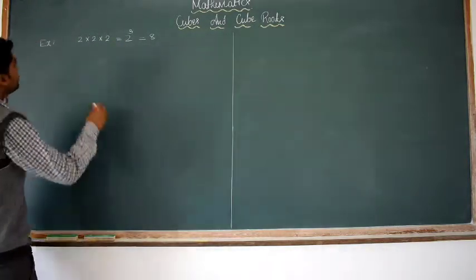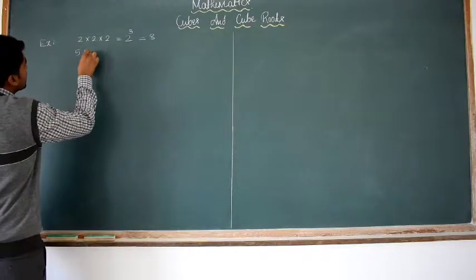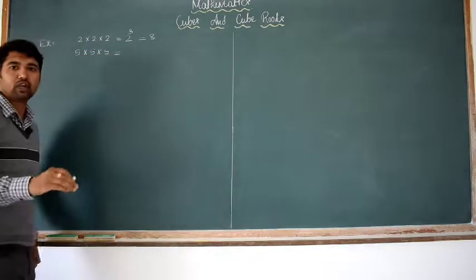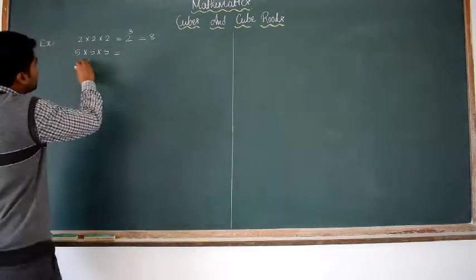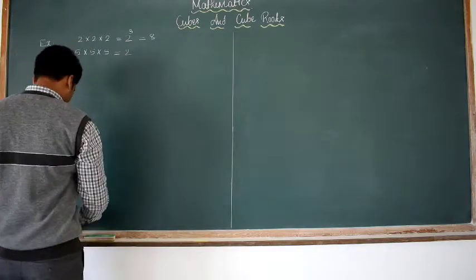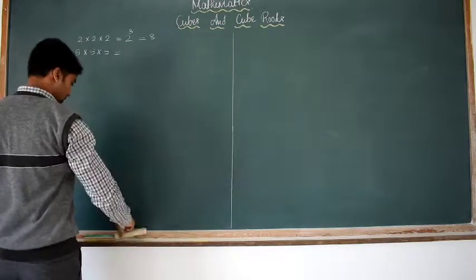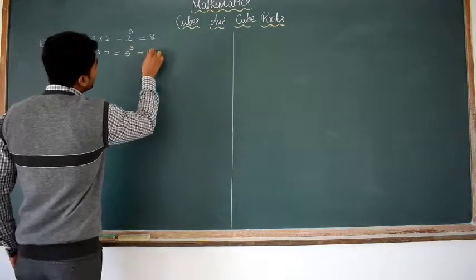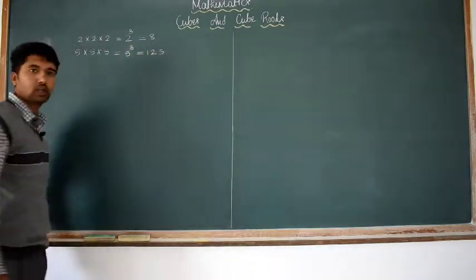In the same way, 5 into 5 into 5. 5 5s are 25, 25 5s are 125. So 5 power 3 is equal to 125.